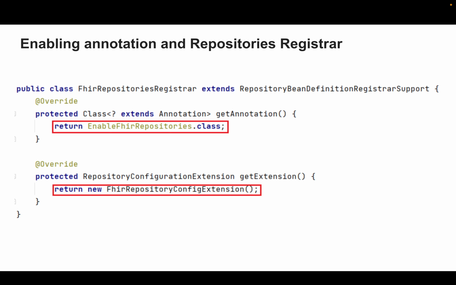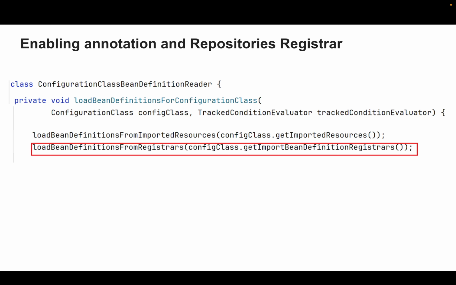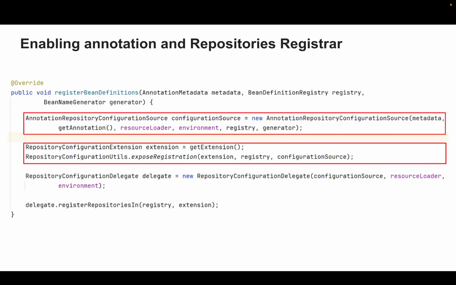The FHIR repository registrar is responsible for providing bean definitions to the Spring context and enabling our repositories. It provides information about the enabling annotation class and the instance of the extension. In the bean definition reader, we get all the bean definitions from all the registrars we have and put them into the context, and later on, based on these definitions, our beans and repositories will be created.